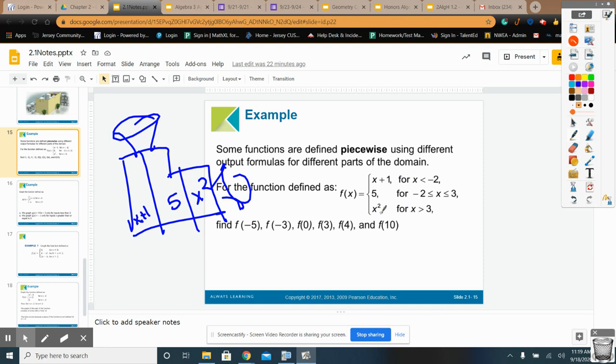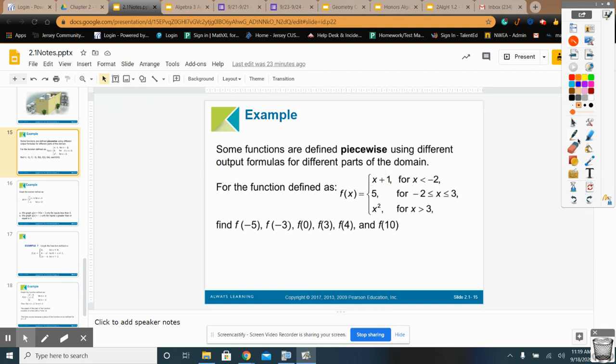So if you plug in a number less than -2, like -10, that is when it uses this rule, which is -10 plus 1, which is -9. But if you plug in a number in the middle of -2 and 3, like you plug in 0, this machine just shoots out 5s. And if you plug in a number bigger than 3, like 7, it will go into this part of the machine and do what it needs to do.